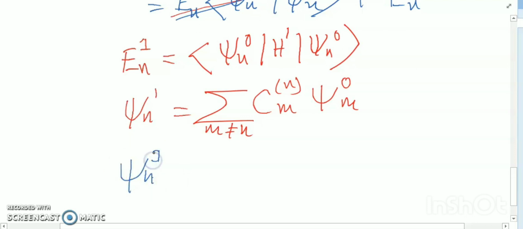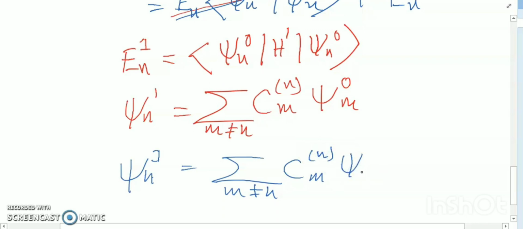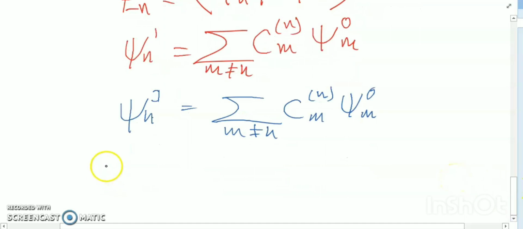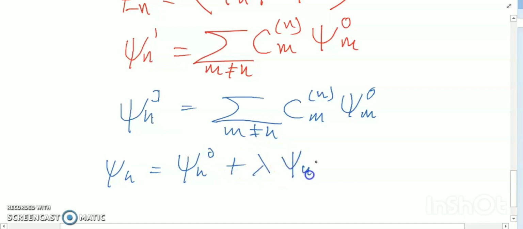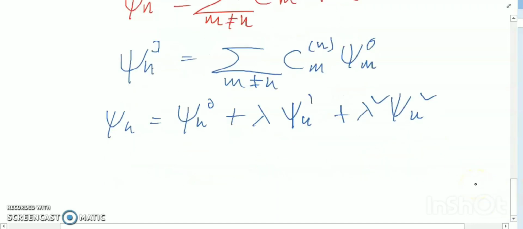Psi n1 equals the summation over m not equal to n of c_mn psi m0, and psi n equals psi n0 plus lambda psi n1 plus lambda squared psi n2.